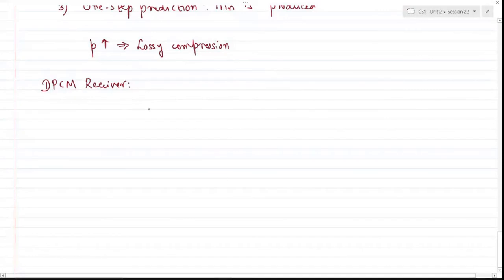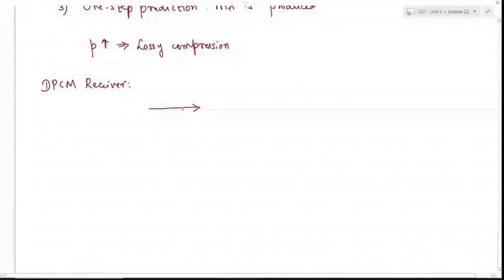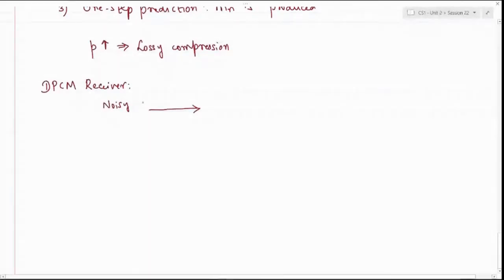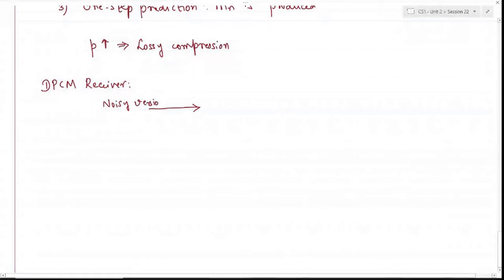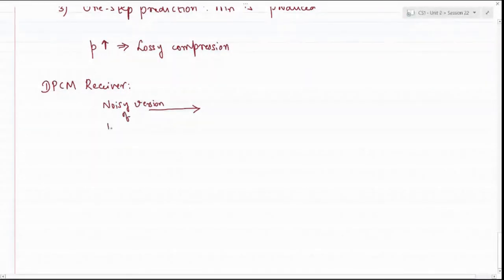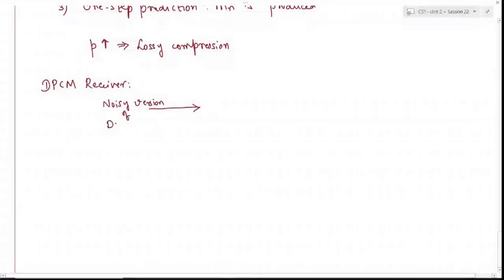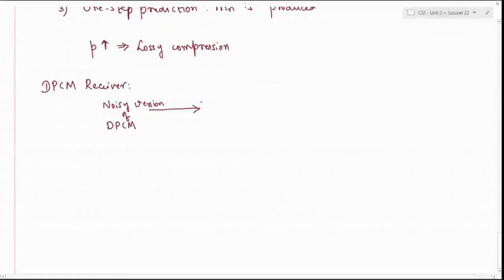We can say that it receives a noisy version of the DPCM encoded signal, if there is noise involved in the channel. Okay, its first job is to decode.